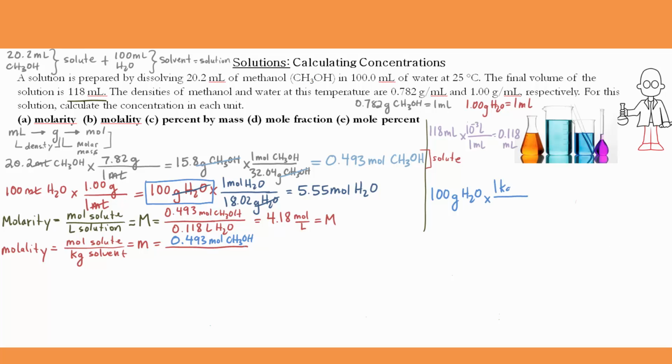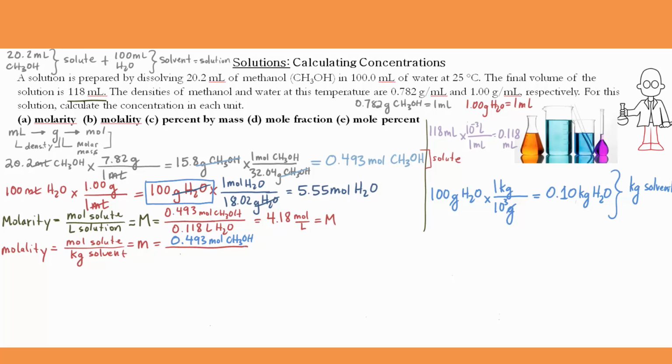So in 1 kilogram, we have 10 to the third grams. So that is equal to 0.10 kilogram of H2O. So this is kilograms of solvent.